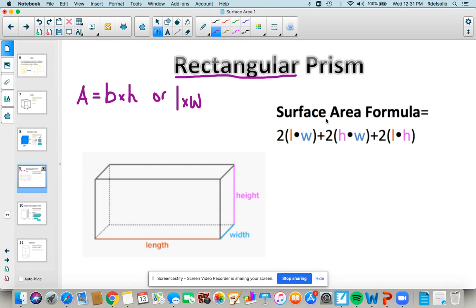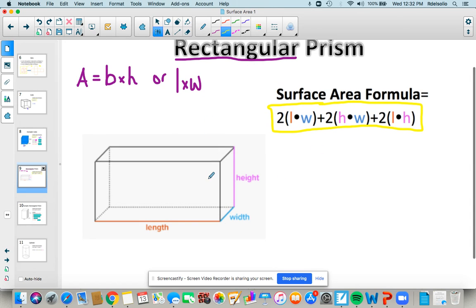Or you could use the surface area of a rectangular prism formula, which is here in yellow. If you look down below, I labeled each part of the rectangular prism by color. Length, we're going to use the letter L to represent length, and length is on the bottom here. It goes right to left, left to right, horizontal.